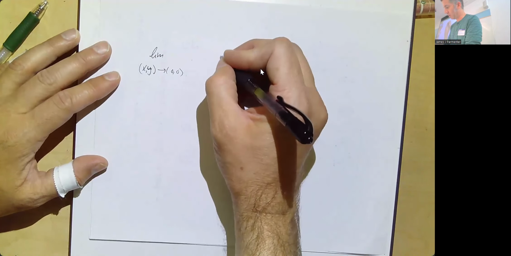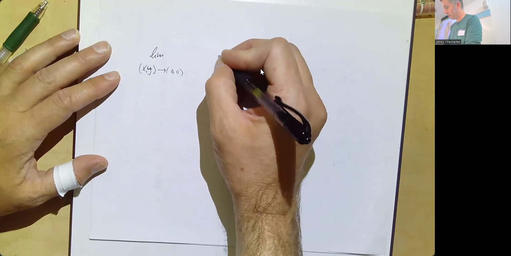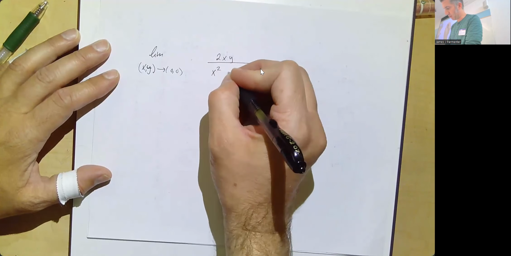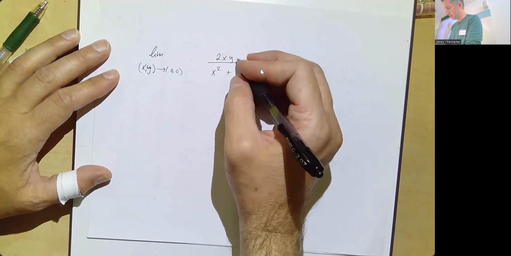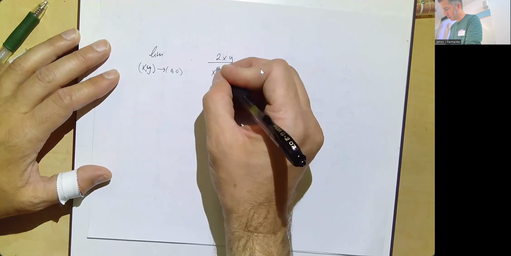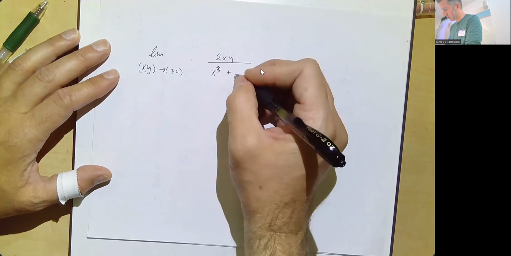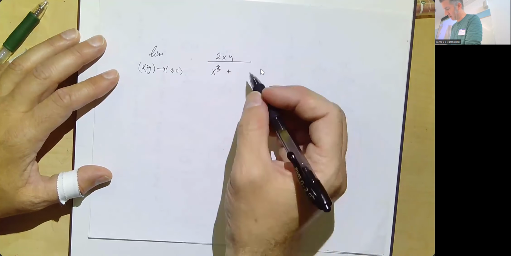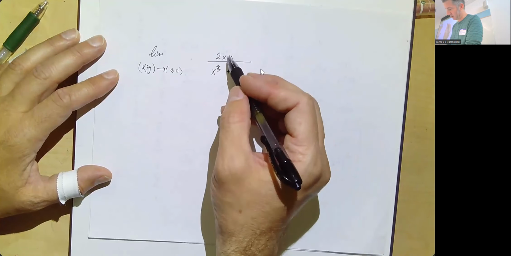Let's try this: 2xy over x squared plus, that's not right, James. x cubed plus, oh, brain. Sorry, I was trying to make something that's going to work here.